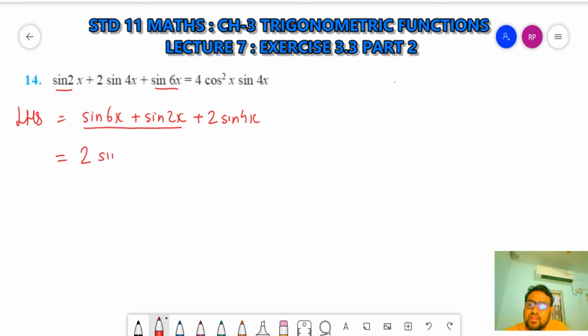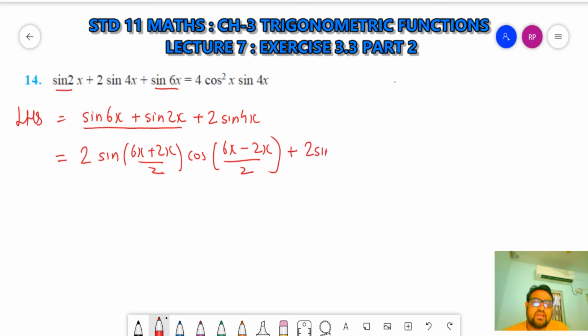So 2 sine((6x plus 2x) by 2) cos((6x minus 2x) by 2). Remember, you have to divide by 2 also. Plus 2 sine 4x as it is. So now this will be equal to 2 sine(8x by 2, 4x) cos(4x by 2, that is 2x).